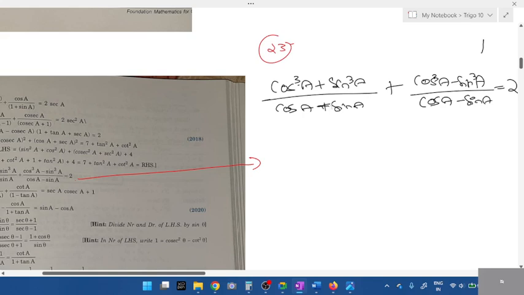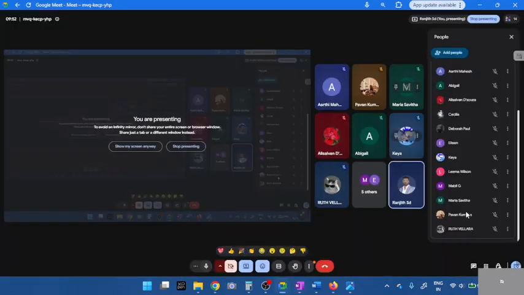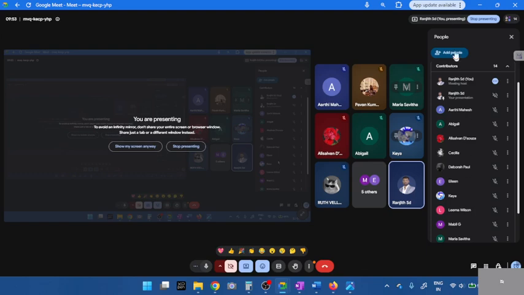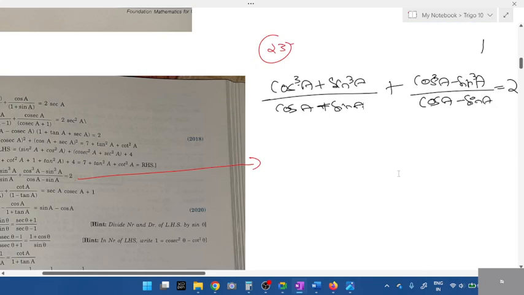So substitute a cube, b cube. Try this. Okay, let me check.